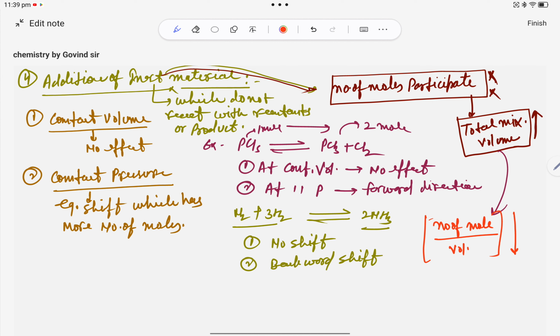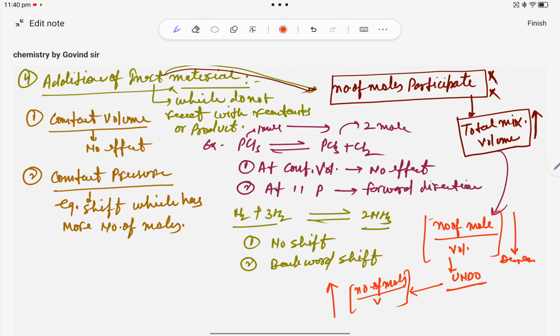So what does the equilibrium want? The concentration decreased, so the equilibrium wants to undo the change. How will it be undone? The equilibrium wants to increase the concentration, number of moles upon volume.